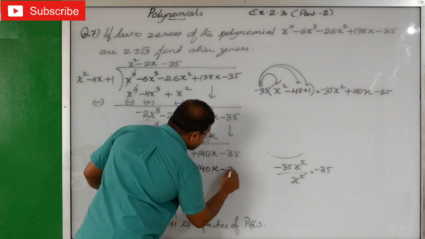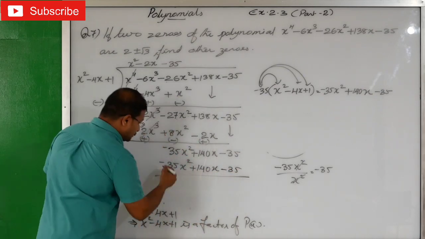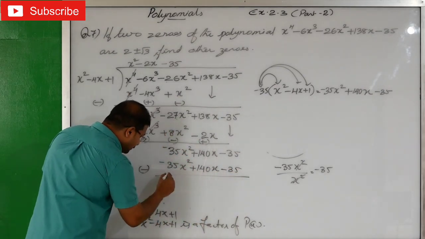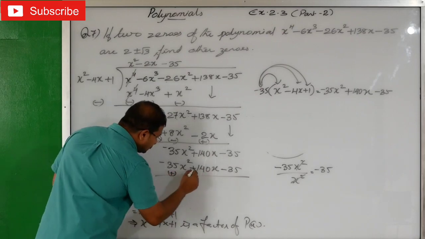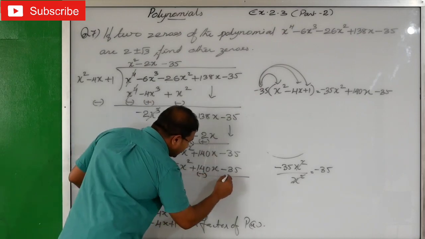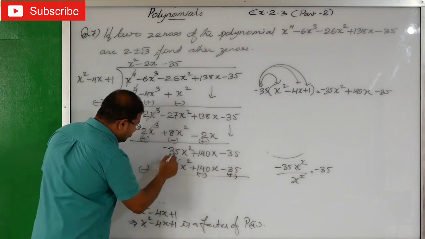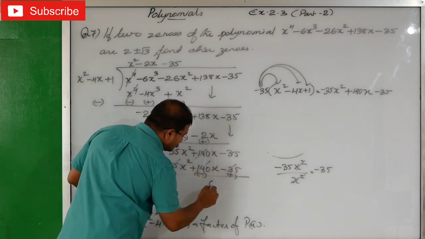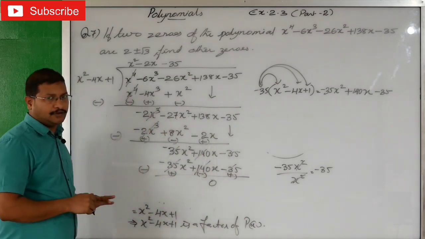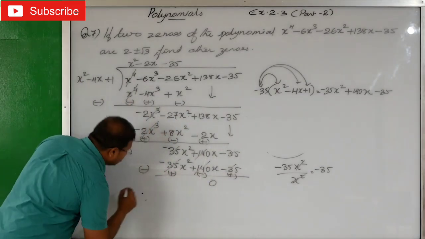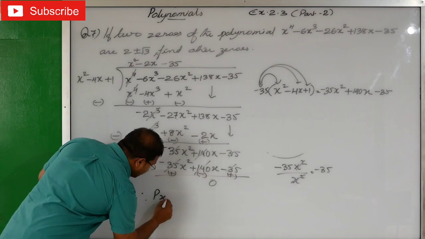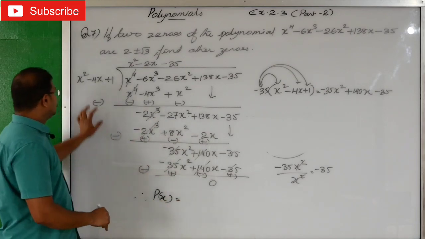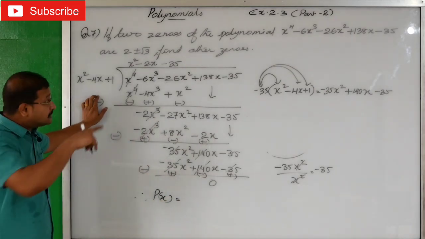140x minus 35. See, while subtracting, this minus will be plus, this plus will be minus, minus will be plus. See, plus and minus will cancel, plus and minus will cancel, plus and minus will cancel. So, the remainder is 0. Okay. You can write, therefore, P of x equals divisor into quotient.